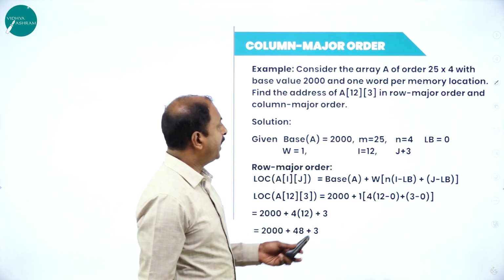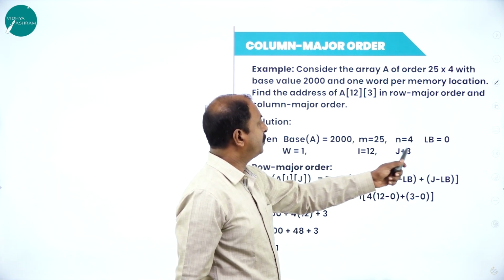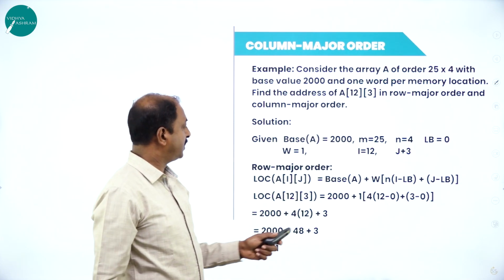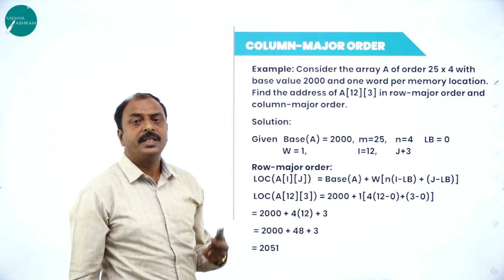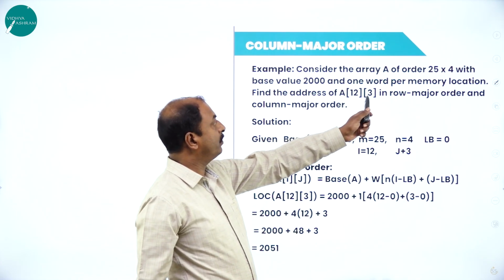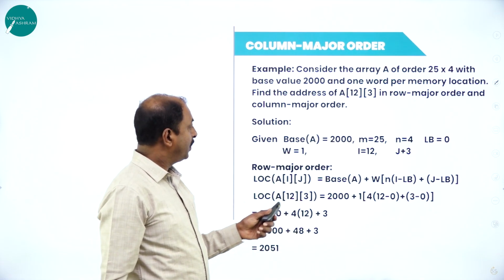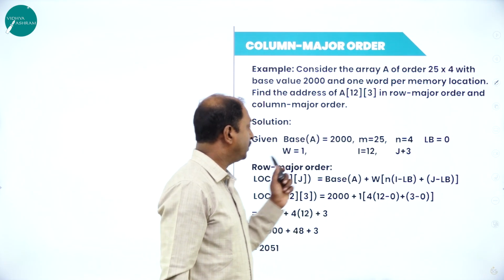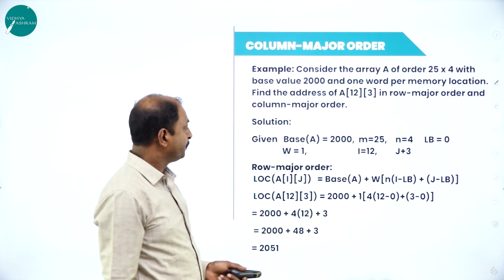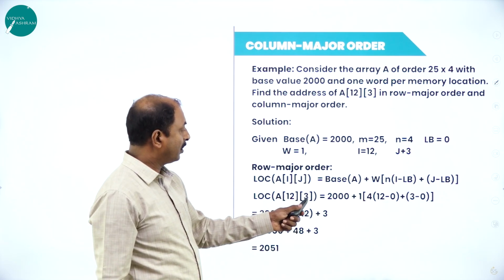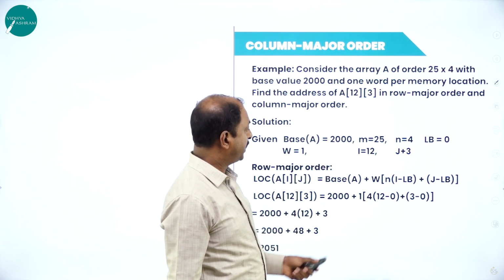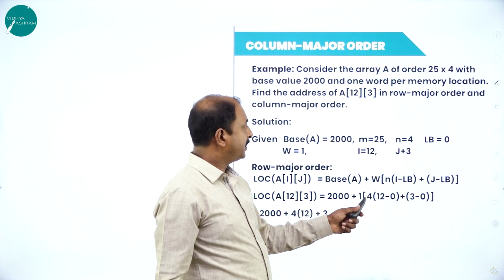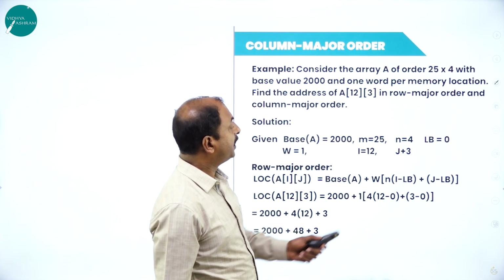W is 1 and I is 12, J is 3. What is I? I is 12, J is 3. We would like to find out the memory address of a of 12, 3. Now in row major order, this is the formula. So we have to substitute these values into the formula. Location of a of 12, 3. See, the base address is 2000, and as per the formula, W is 1, given here, and this is 4. What is 4 here? Column.